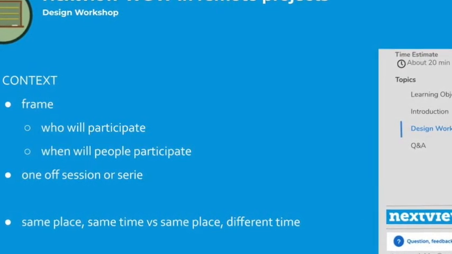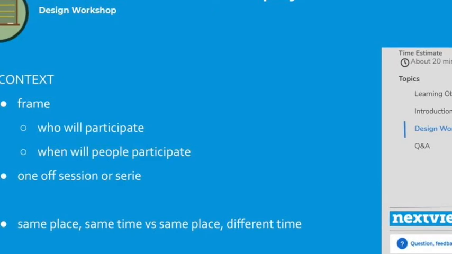Are you going to use this way of working to provide your participants the opportunity to participate at a time of their preference, or are you going to ask all your participants to be available and participating at the same moment in time but in different locations?